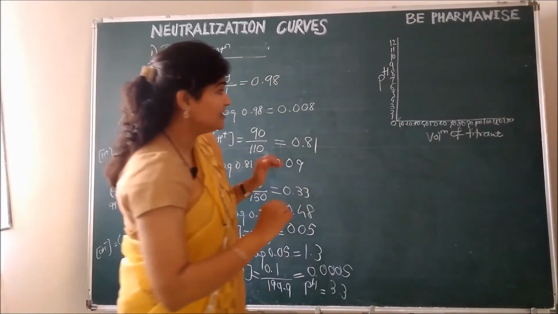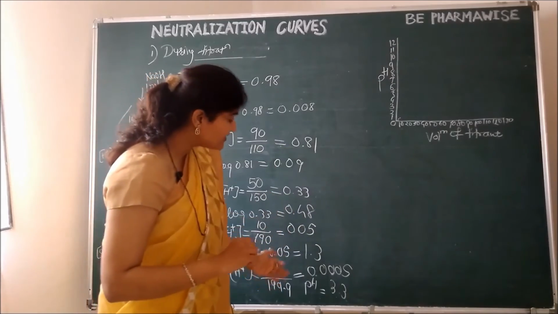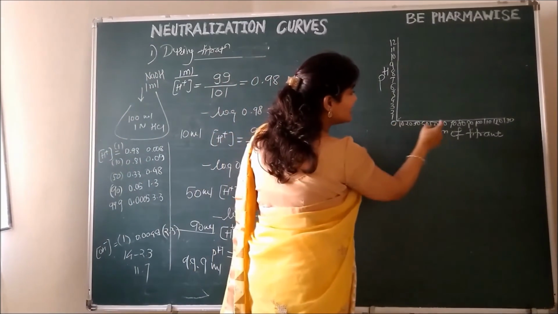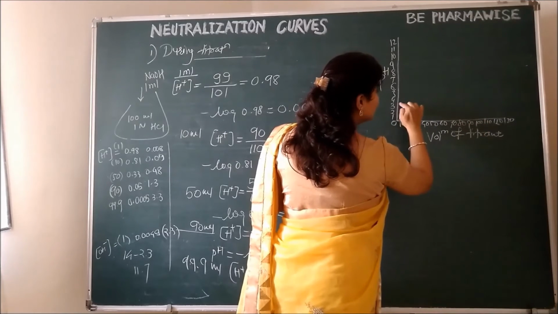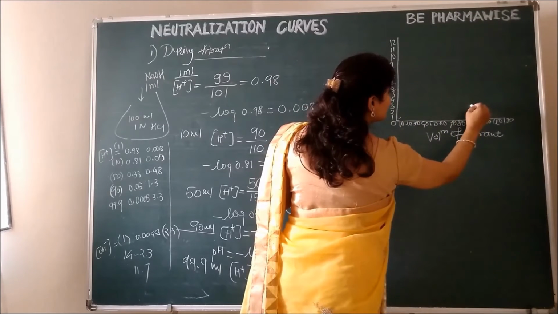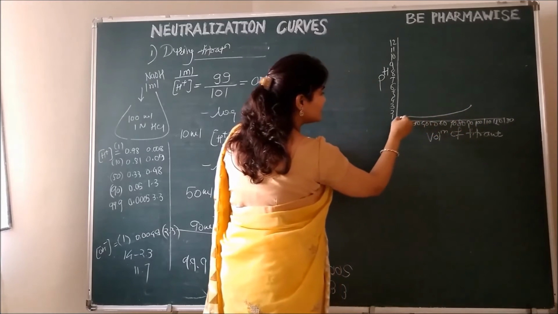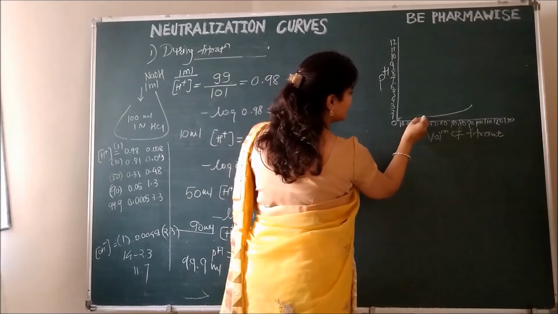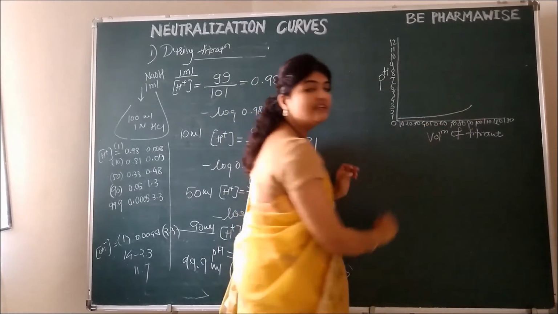Now you can see, if we plot these points on the graph, the change will be very gradual till you go 99.9 and 3 is here, 3.3. So somewhere here our points will come and the graph will look like this. Initial graph is very gradually increasing.